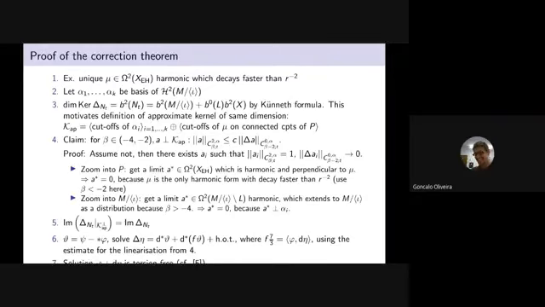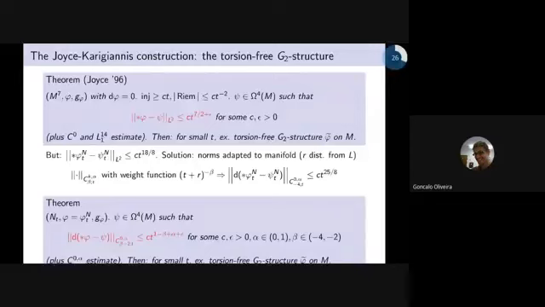Can I ask you a question also? Yes, please. In the previous slide, I understand these weighted spaces are very adapted to your specific situation, so that you can solve it. And maybe if you have a different construction of G2 manifolds and you would like to apply a theorem like this, these function spaces are not the most natural.